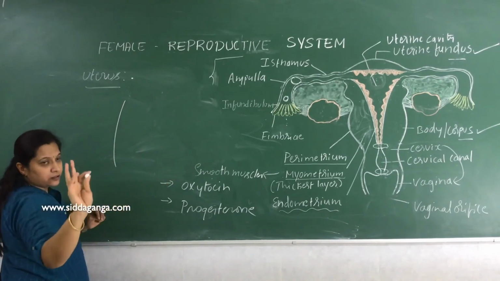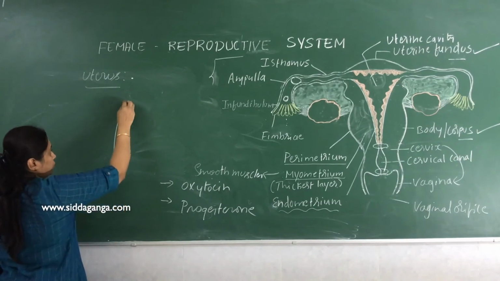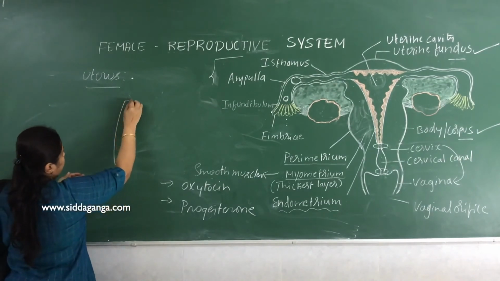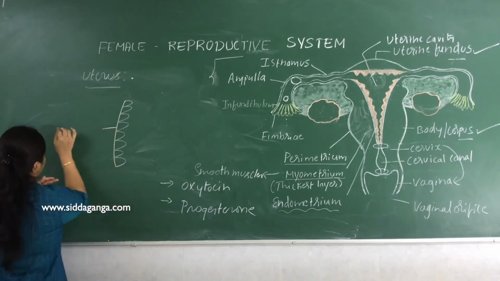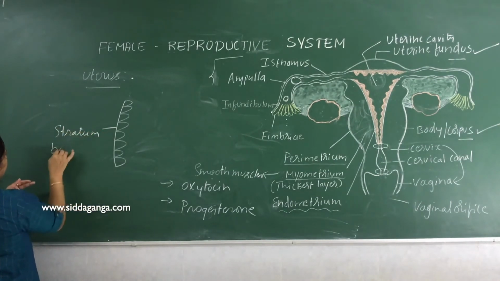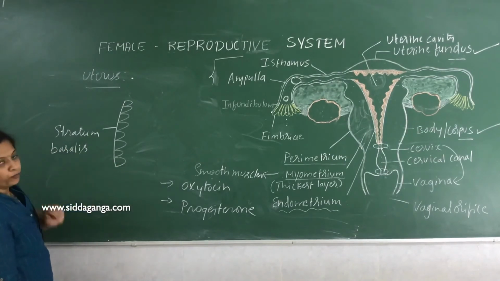The wall of the uterus has 3 layers; the wall of the endometrium has 2 layers. The deepest layer, the basal layer, is called the stratum basalis. This is the permanent layer.